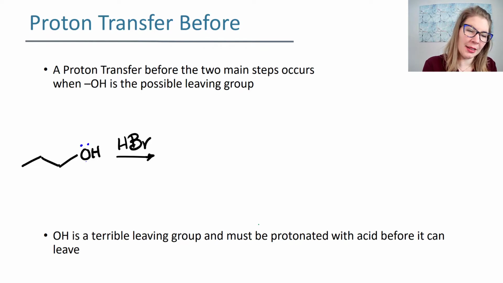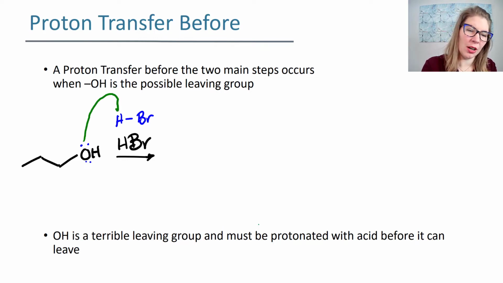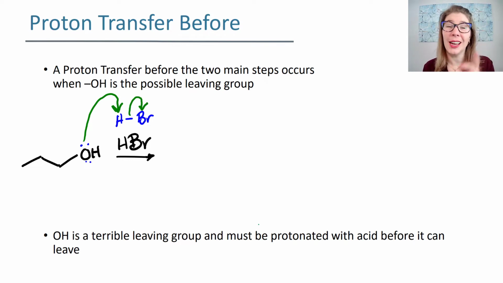I'm going to add my electrons onto my oxygen, and I'm going to redraw my HBr so that I have a bond between the hydrogen and the bromine that's visible, so I can show that bond breaking. The electrons on the oxygen of your alcohol are going to come over and pull off a proton from your HBr, and then this bond between H and Br needs to break because hydrogen can only form one bond.